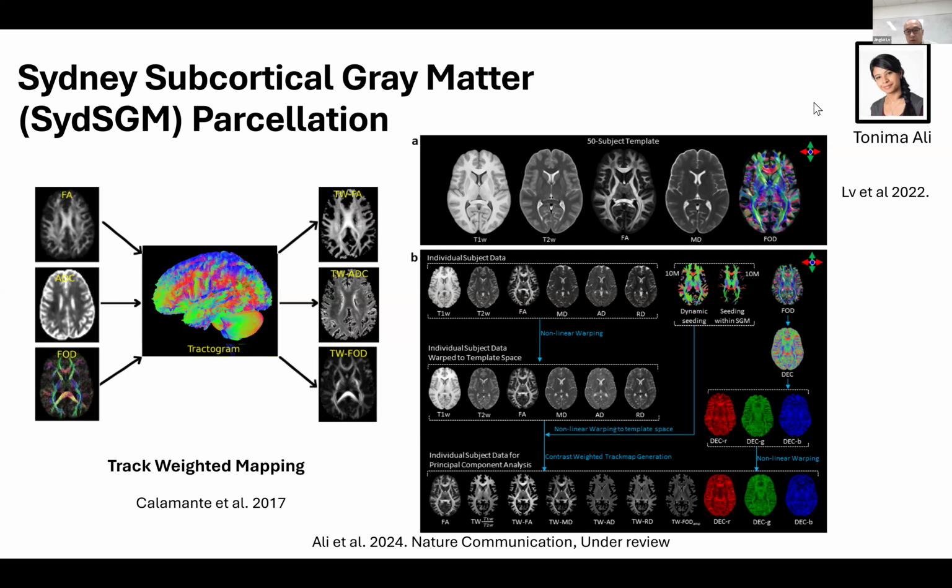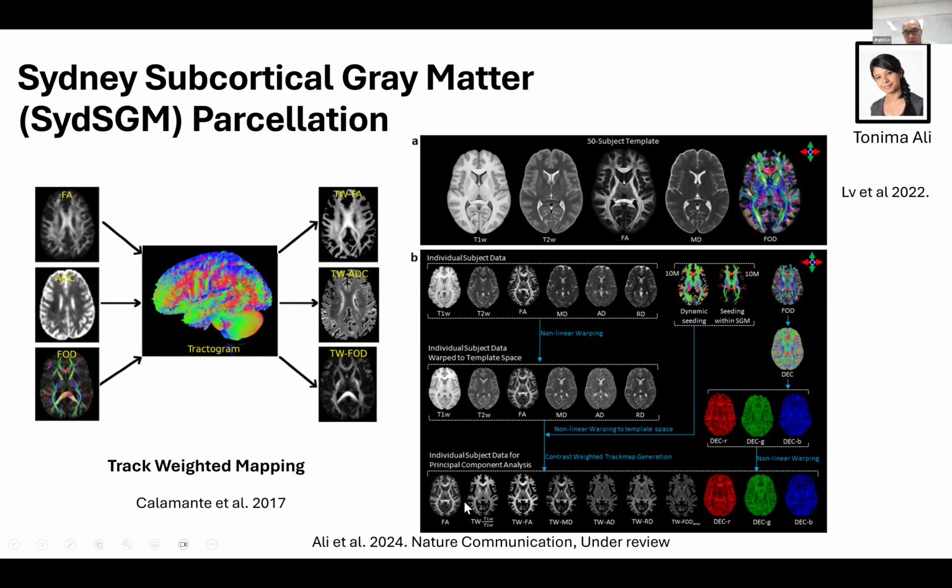And in the multimodal brain template space, we have combined 10 different metrics to characterize the subcortical voxels. And through a clustering approach, we divided the original subcortical regions into 56 small regions.